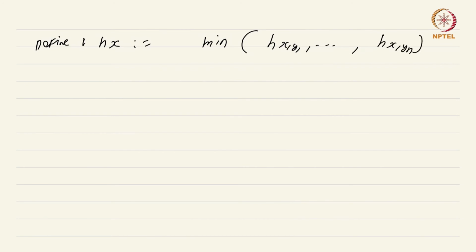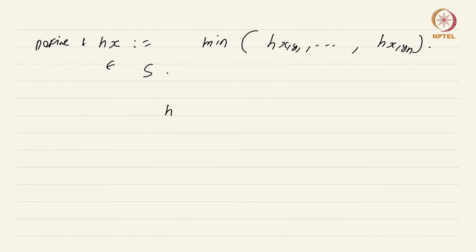Okay, look at the corresponding functions. Define h_x, by definition equal to the minimum of h_{x,y_1}, dot dot dot, h_{x,y_n}. And by the induction and the additional assumption, this h_x is an element of S. Now what is the special feature of h_x?